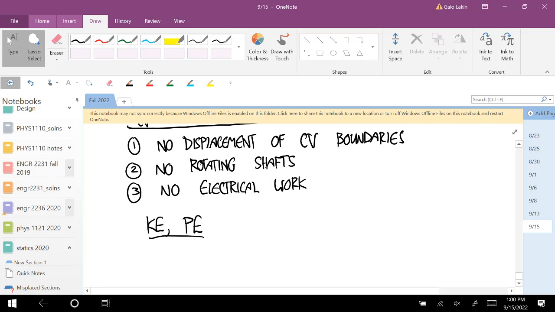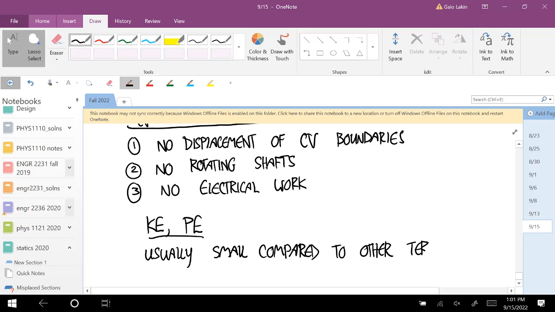These are almost always going to be small, negligible compared to the other energy terms. So these are usually small compared to the other terms, so they can usually be ignored.